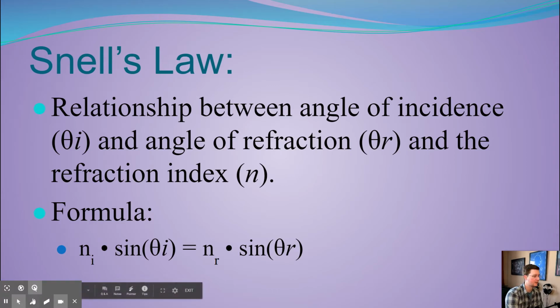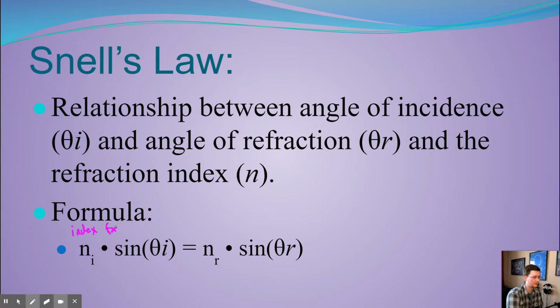One way to think about that, if you want to write it out: this is the index for medium number 1, this is angle 1, this is index 2, and this is angle 2.